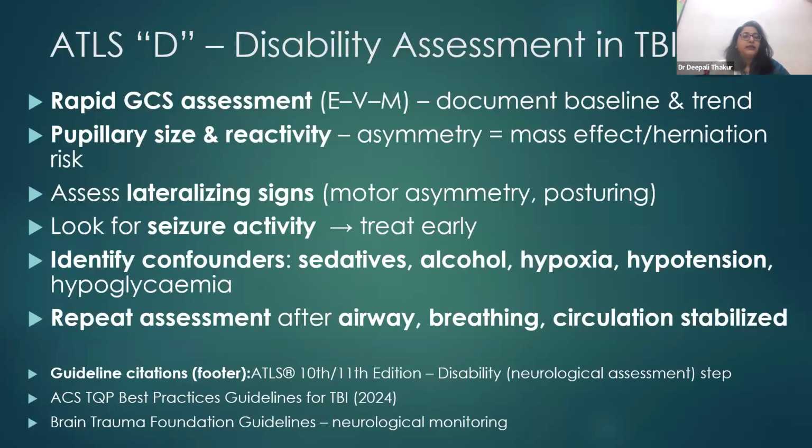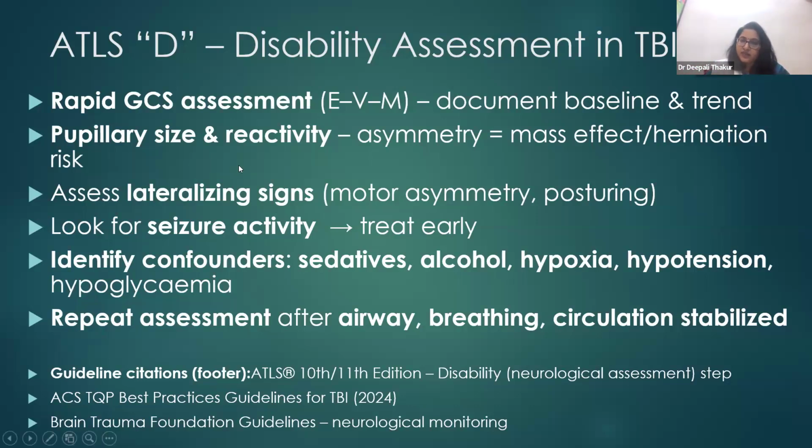Coming to disability, rapid GCS assessment, documentation of baseline GCS, and monitoring it as a trend is very important, because then only will you be able to understand what is happening to the patient, whether he's improving or he's worsening.